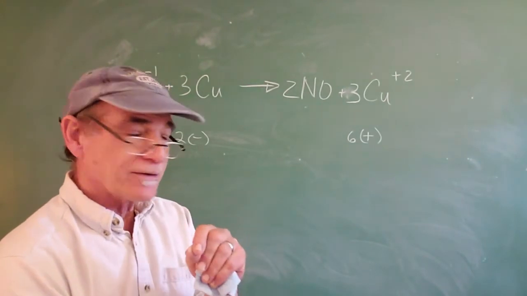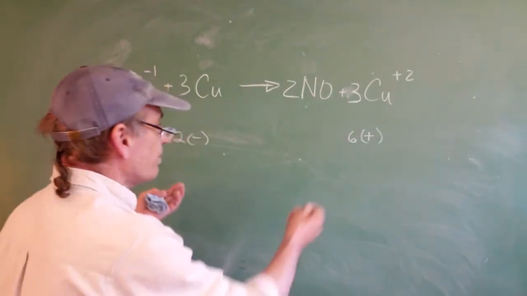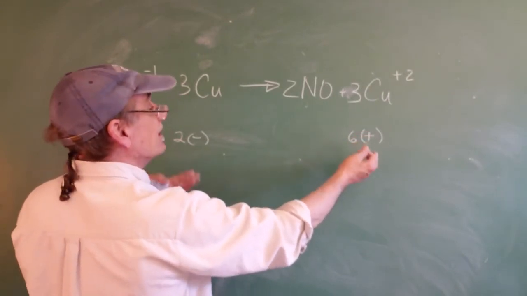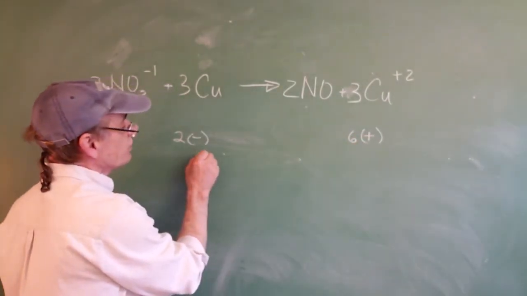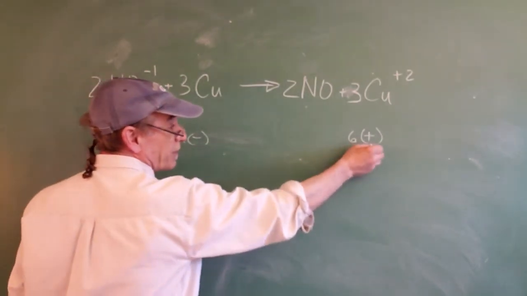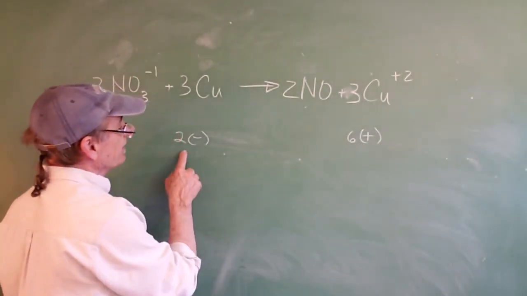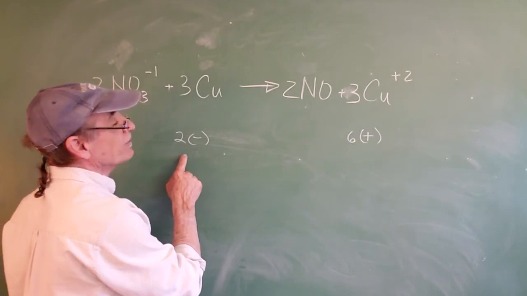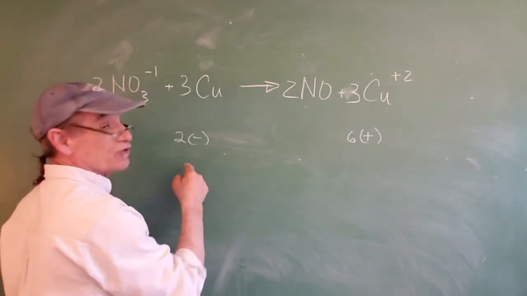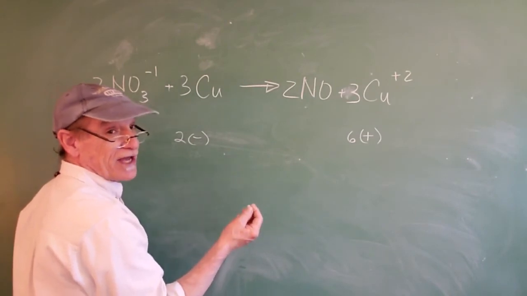All right, well, if I want to undo this imbalance, I need several positive charges on this side in order to bring it up to equal 6 positives. As a matter of fact, I'd have to add 8 positive charges on this side to make these two equal. Now the reason I have to add the positive charges again is because that's my currency, is the hydrogen ion.